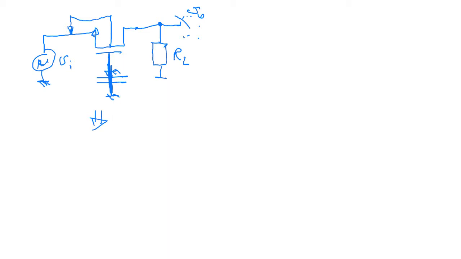We just replace the transistor by its small signal model, and we get something like that. This is the input, and the input is connected. First, it is connected. Let me change the color. First, it is connected to the output resistance.